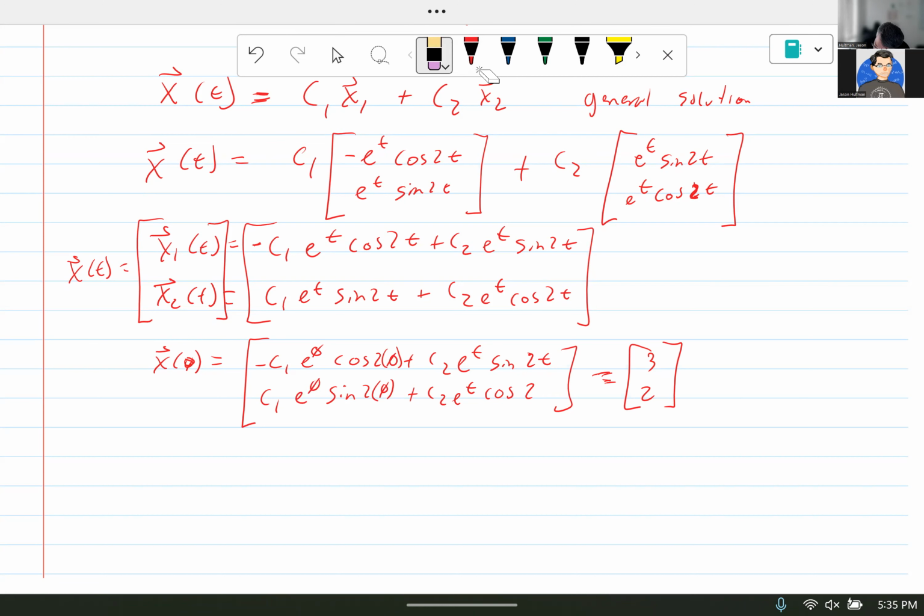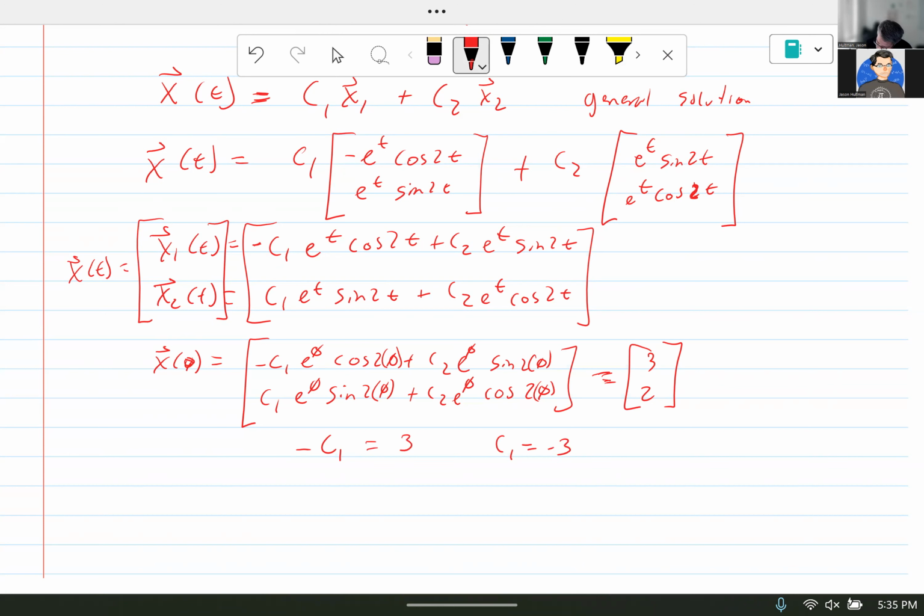Now anything that involves a sine is going to go to 0, anything that involves a cosine is going to go to 1, and anything that involves an e is going to go to 1. So this just becomes negative c1 is equal to 3, so c1 equals negative 3. That's easy, from the top line.